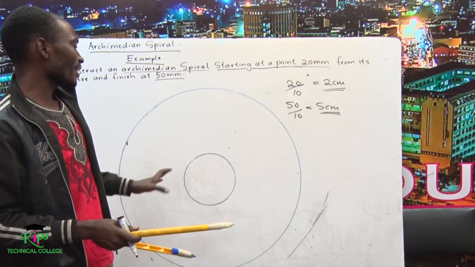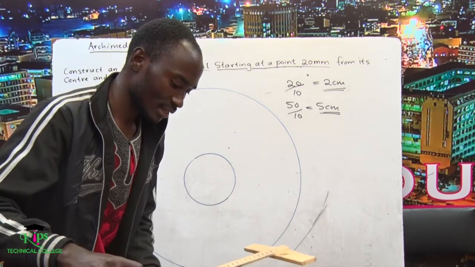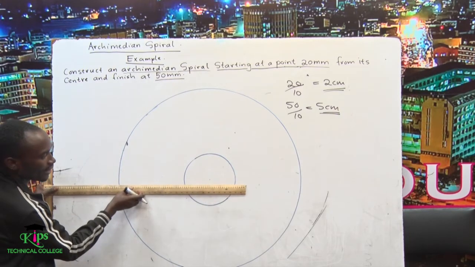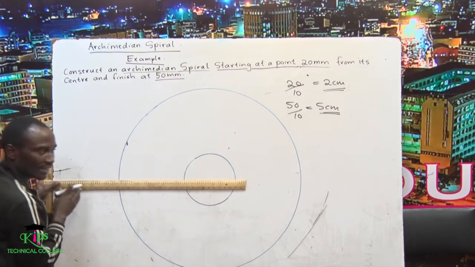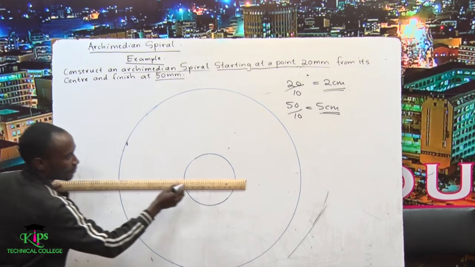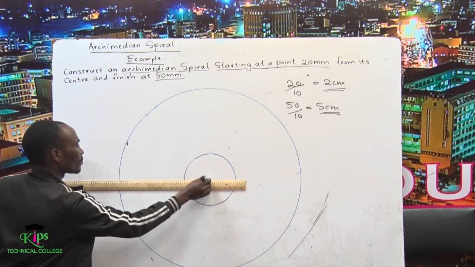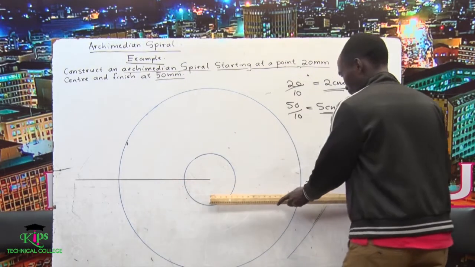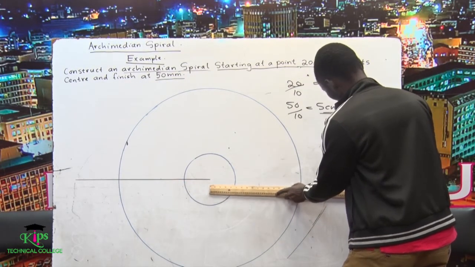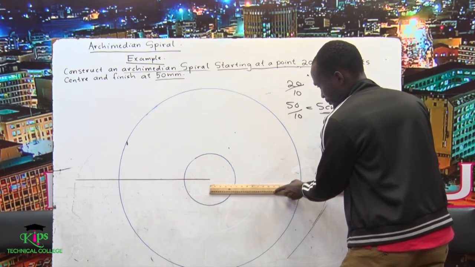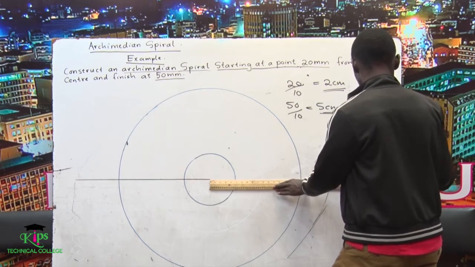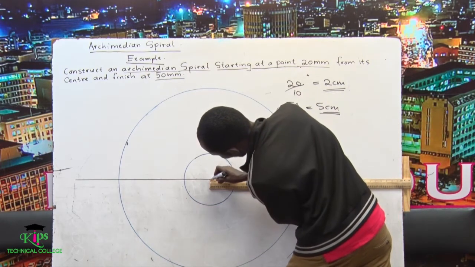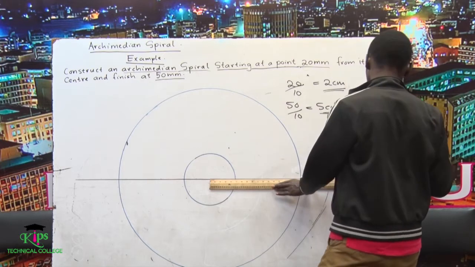So now, whatever I need to do is to draw horizontal lines touching the center using your T-square. Like that.